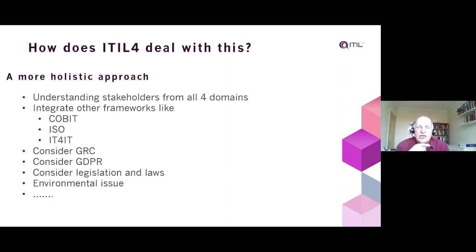We talk about governance and the importance of governance, and we have some guidance on governance, but it's small. It's a tiny piece because governance in itself is a large piece of work on how it's done. But it gives you the idea of where it fits in, what you should be looking at, and then if you want more, you can go to COBIT, for example, and it will tell you more of what you want to do.